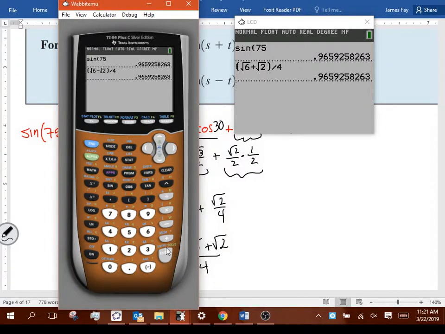What do you recognize about those two values? They're the same, right?